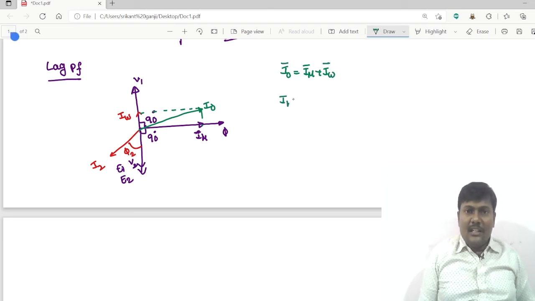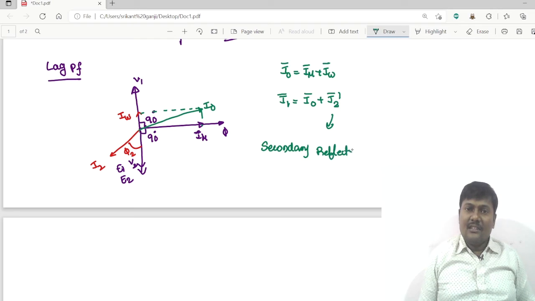But the primary current I1 is a phasor sum of the no load current plus the reflected component of the secondary current. This I2 dash is called the secondary reflected current. Exactly, it is 180 degrees to I2. It is a reflected current.